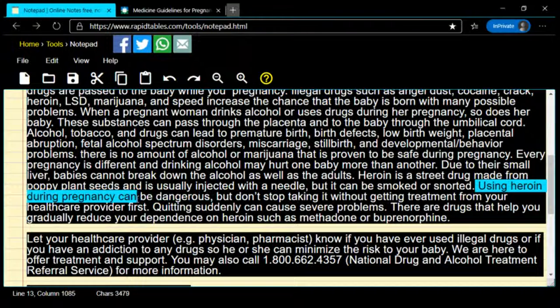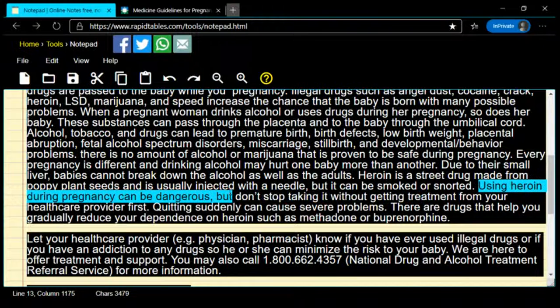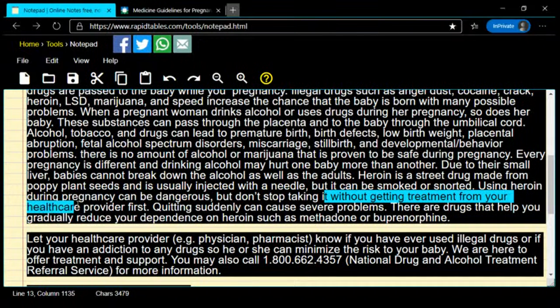Using heroin during pregnancy is dangerous, but don't stop taking it without getting treatment from your healthcare provider first.